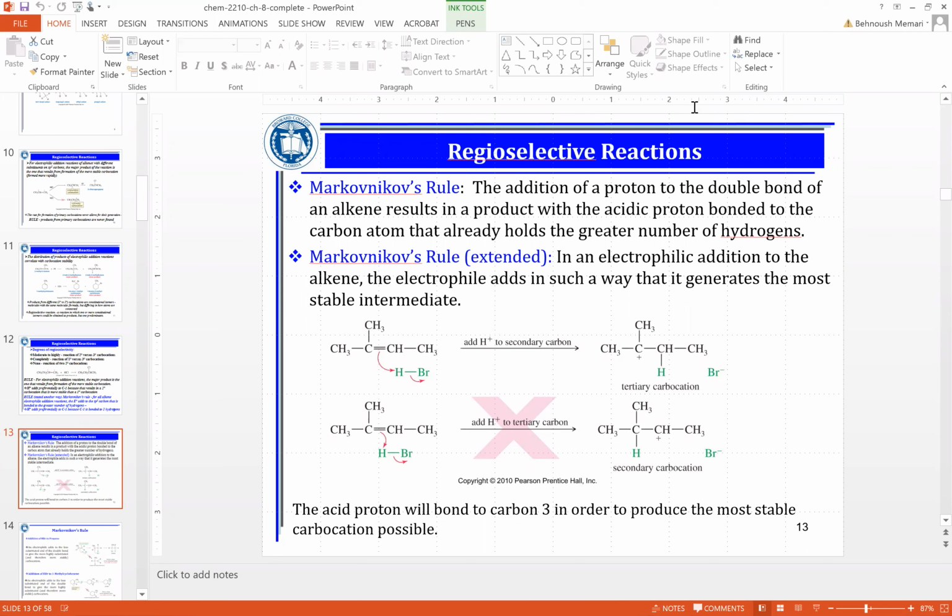Okay. So based on the Markovnikov rule, addition of a proton to a double bond, or carbon-carbon double bond of an alkene, results in a product with the proton being bonded to the carbon that already holds the greater number of hydrogens. So that's known as the Markovnikov rule.